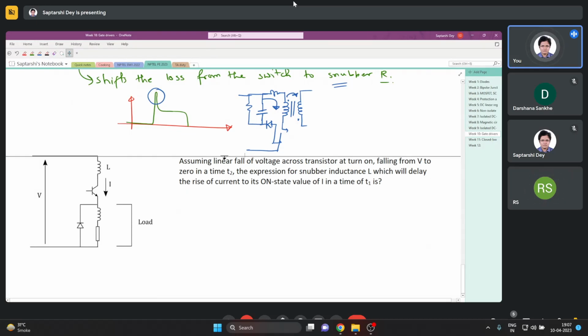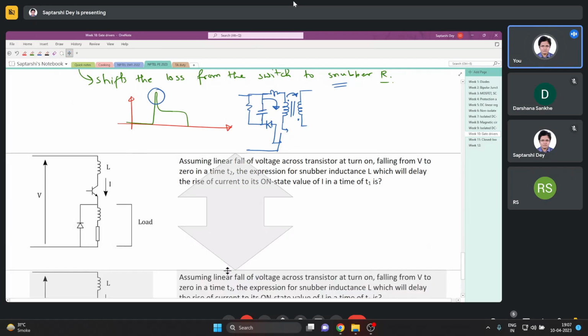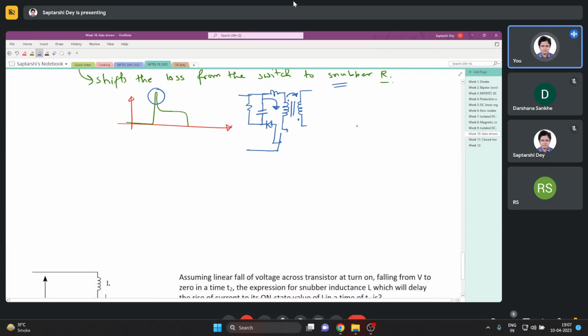It's not that we're not including it. The reset circuitry in the forward converter makes sure that the stored energy in the core is either dissipated or given back to the source.